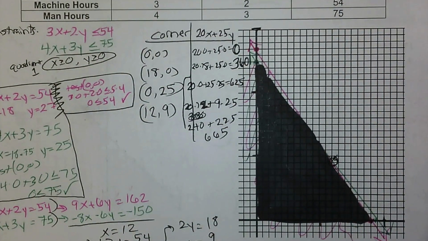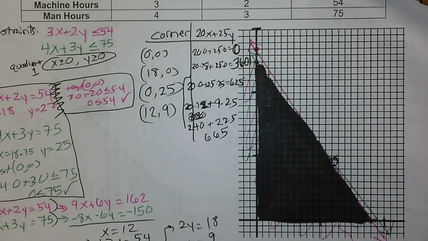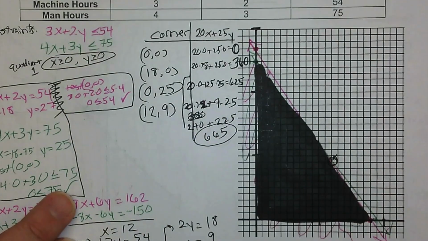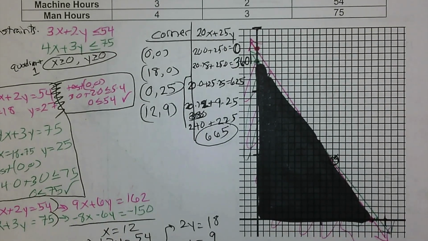Okay, what are we trying to do here? We are trying to find the max profit. Find the number of each type of Coke that can be produced in order to maximize profit. We want the max profit. That looks to be 665. And we want to know how many of each type of drink need produced.